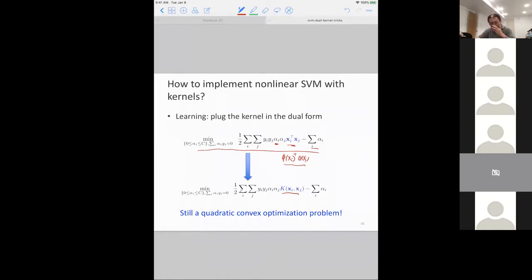So now I want to ask, does this objective function have some change of properties? Or what's the nature of this optimization problem? Any hint?